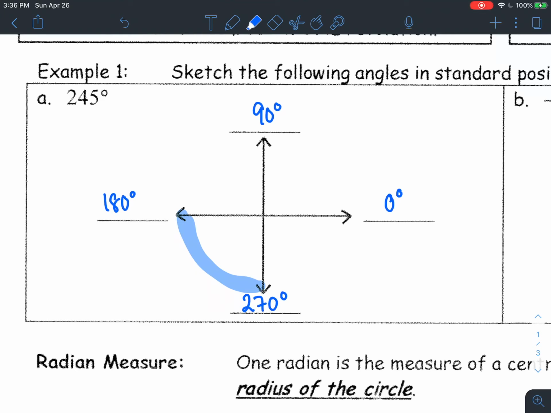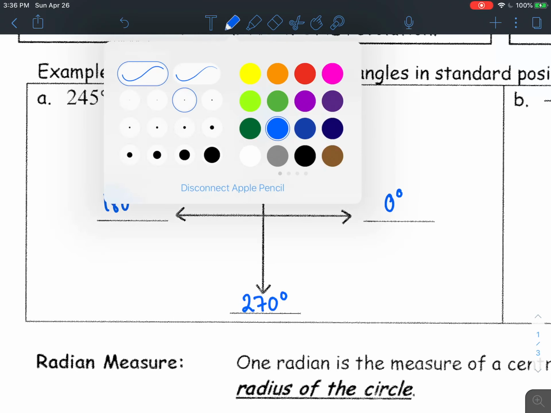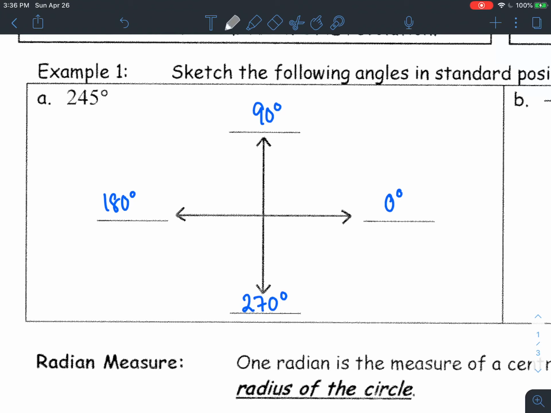Now, a suggestion on how you figure out approximately where that should be. If you split up half of my quadrant, that would be another 45 degrees. So that's just another way that you can do that. Halfway between 180 and 270 is 225, because 45 plus 180 would be 225, since each quadrant here is 90 degrees.